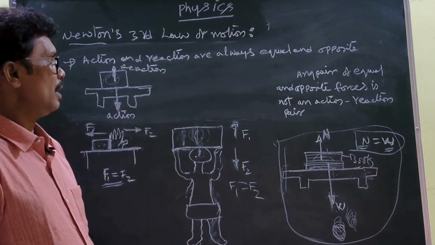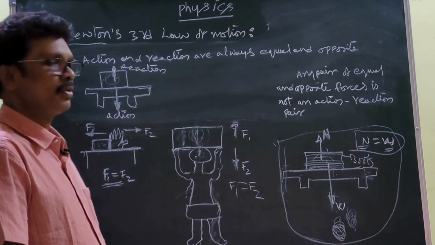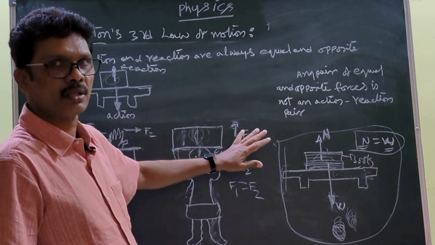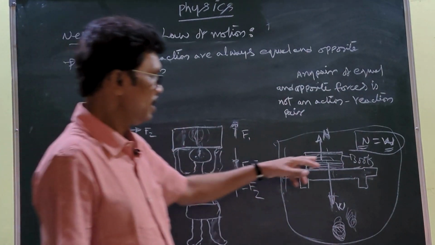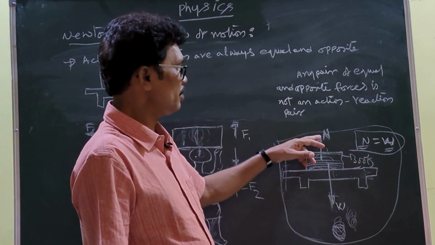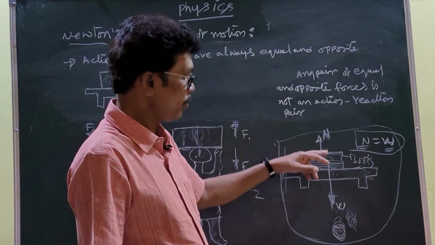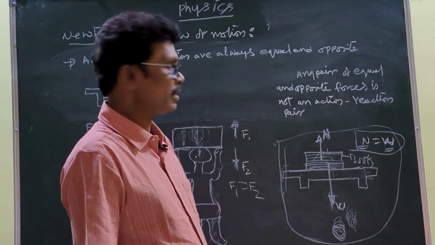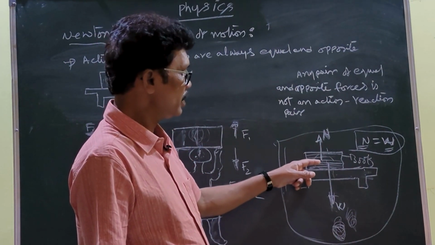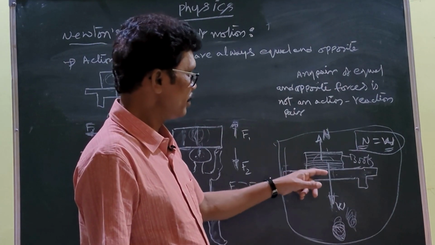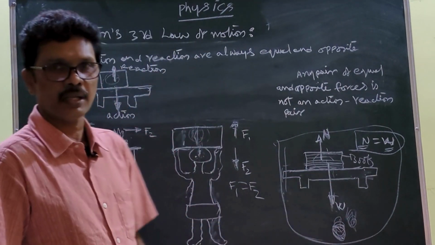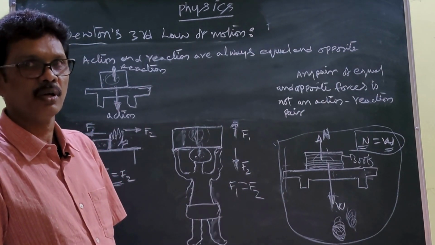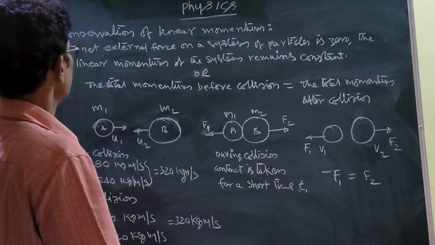Of course they are equal and opposite forces, N equal to W, but the third law is not satisfied here, because the table exerts force on the book, but the book's weight is due to the pull of the earth. So the connection between the table and the gravitational force of the earth is not considered. That we have to understand.